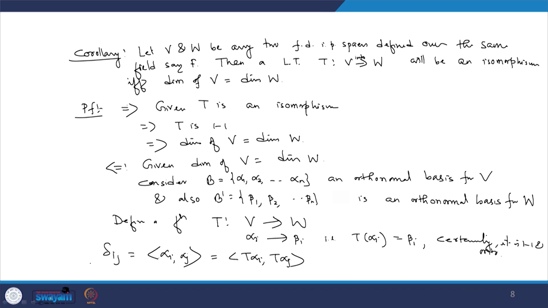So, therefore, inner product of alpha i and alpha j will be delta ij, which is also equal to inner product of T alpha i and T alpha j. So, this implies T is an isomorphism from V onto W.